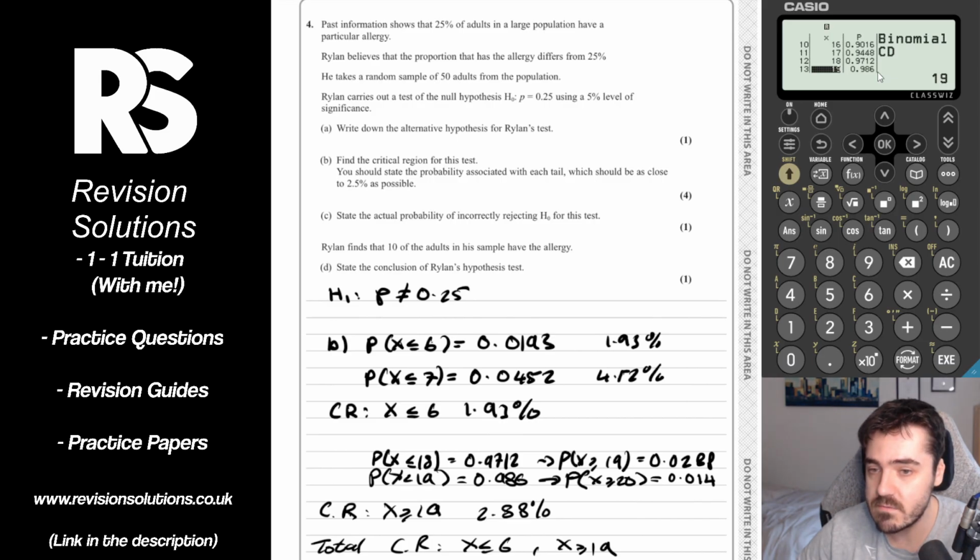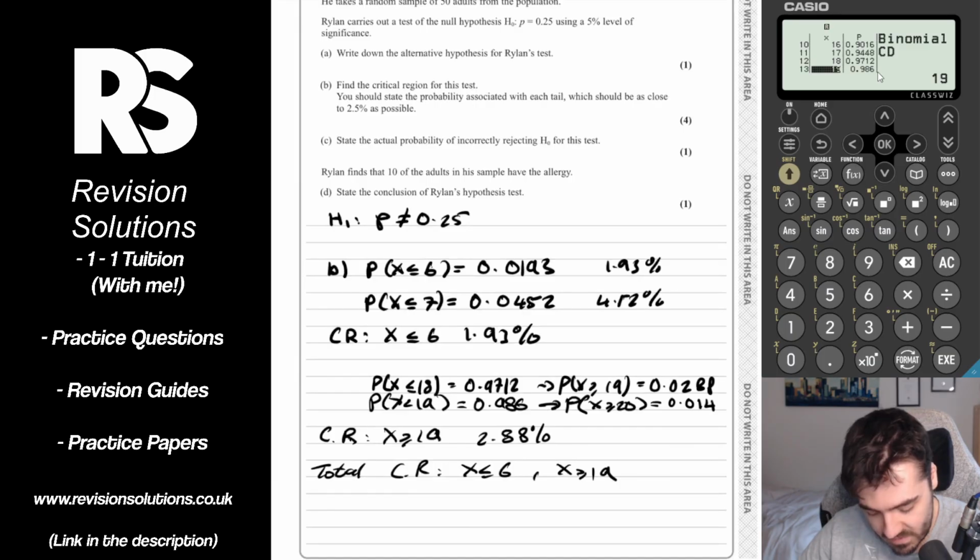Incorrectly rejecting H0 means that H0 is true. So that is the probability of landing in the critical region, even though we've got the right hypothesis. So that's basically just the probabilities of our tails that we worked out.